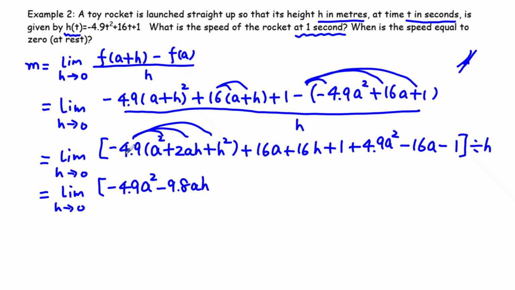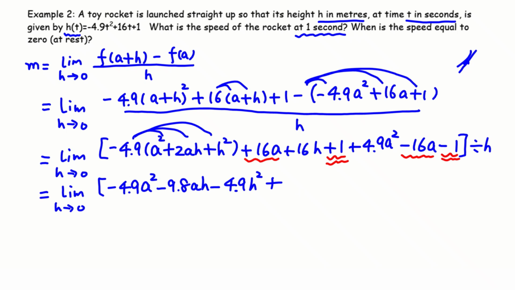Then negative 4.9 times 1, minus 4.9 h squared. Plus, we could cancel some like terms here. So plus 16a minus 16a is 0, plus 1 minus 1, they are like terms with no variables, is 0.